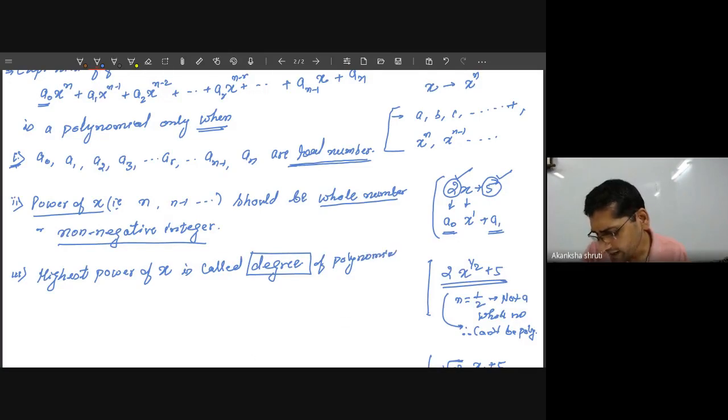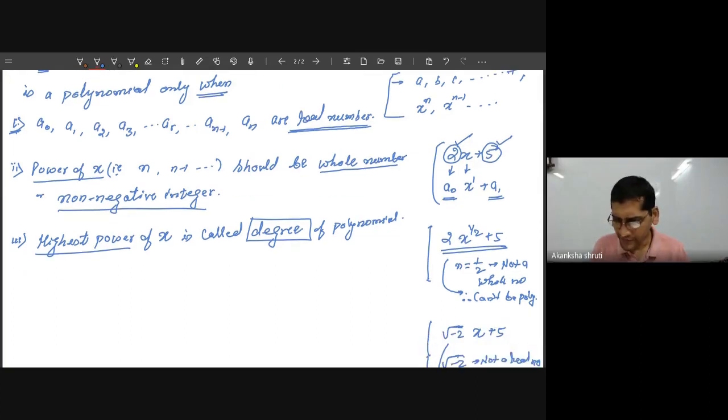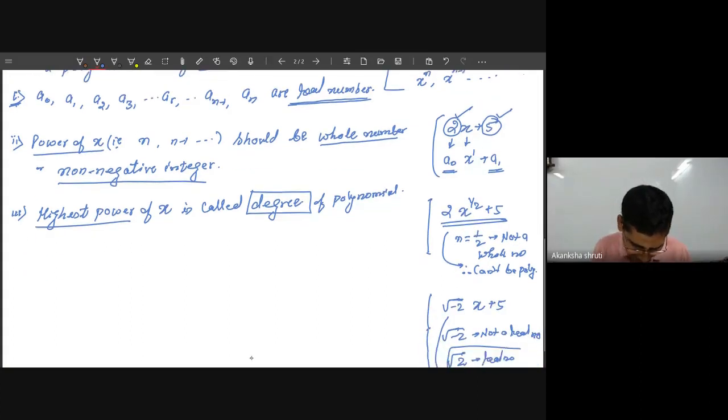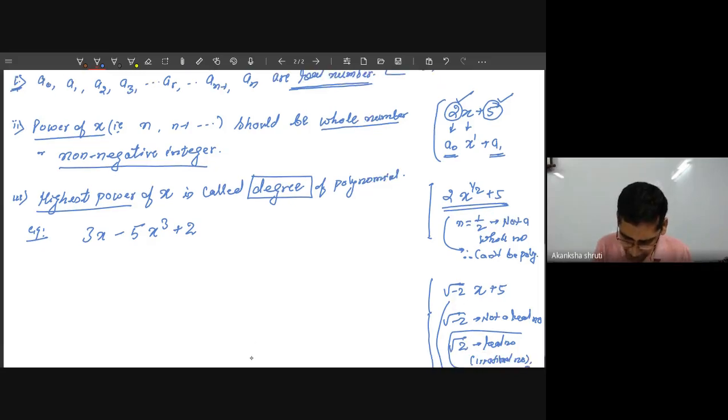For a polynomial, the above two conditions have to be satisfied, and whatever the highest power is, it need not be in the first term. Okay, student, if I take, say, 3x minus 5x cube plus 2, then what is the highest power of x here?